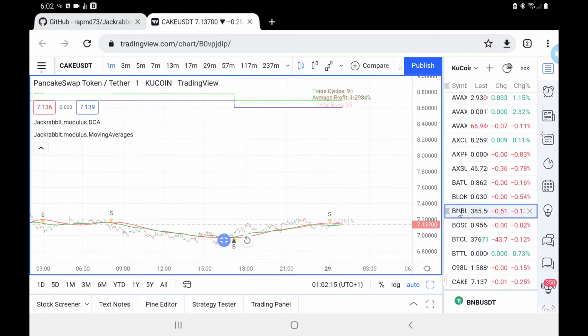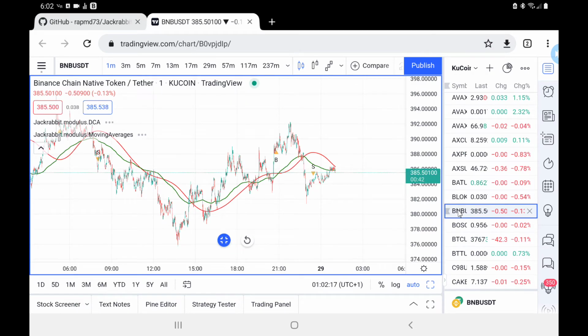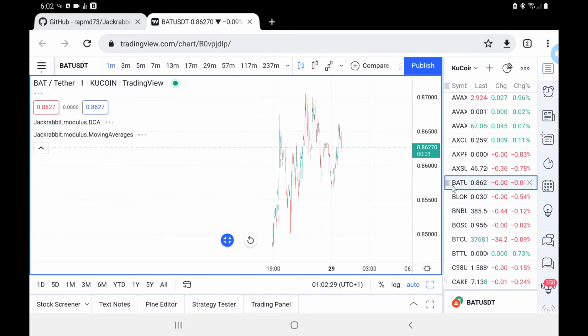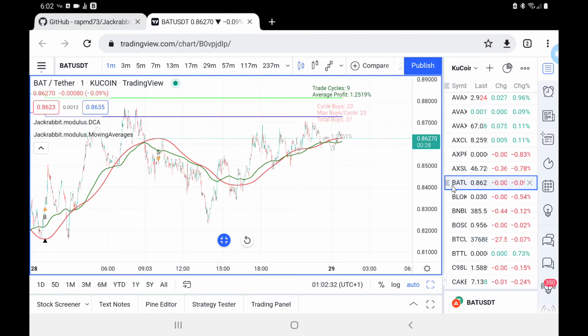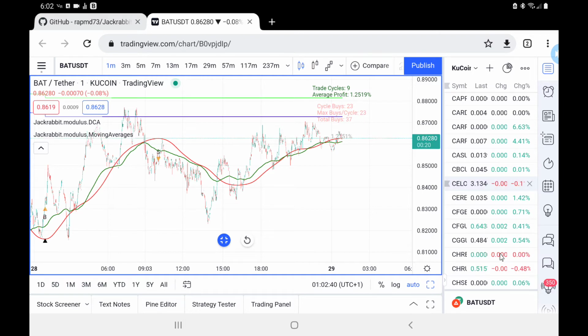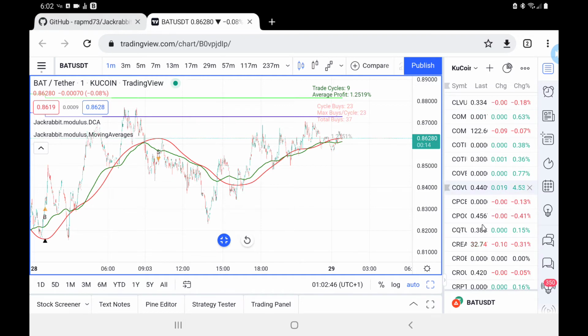Okay, a lot of people like to trade BNB. Does well, does respectable. Okay, let's look at BAT. Another favorite for many people. Okay, let's see what else we can find. Let's open this up a little bit.